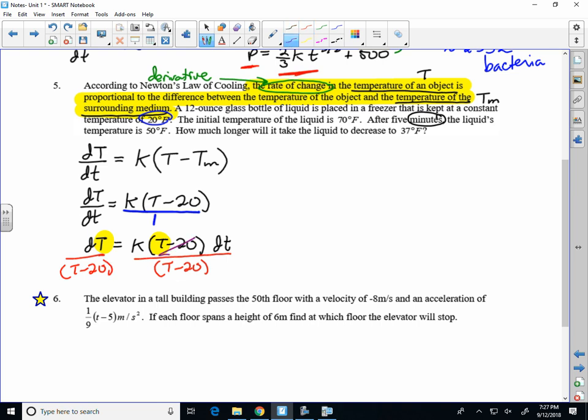So cancel, cancel. I'm going to write it as 1 over T minus 20 dT is equal to k dt.